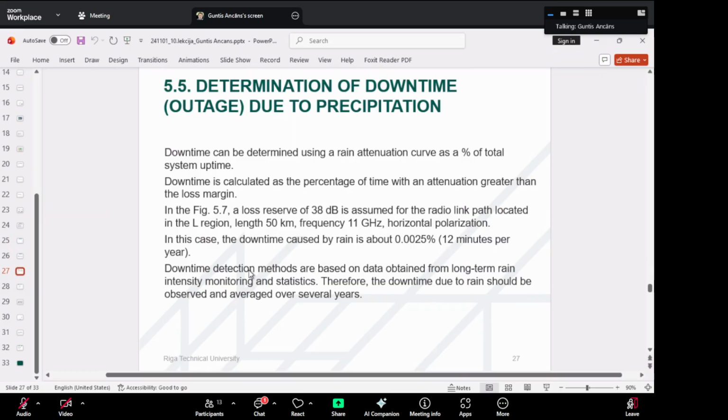Downtime is calculated as a percentage of time with an attenuation greater than the loss margin.